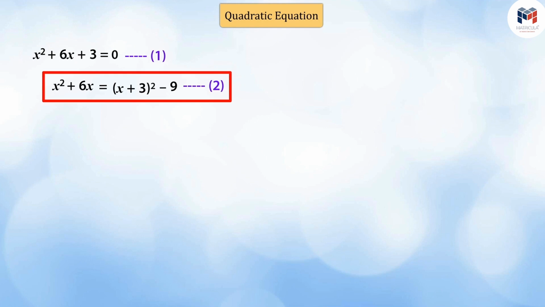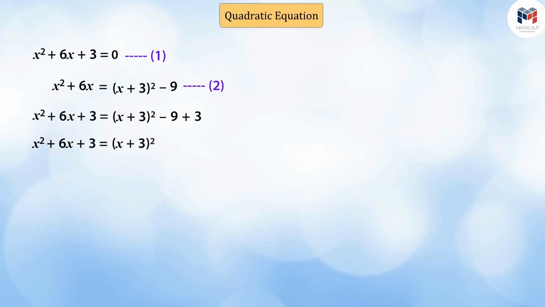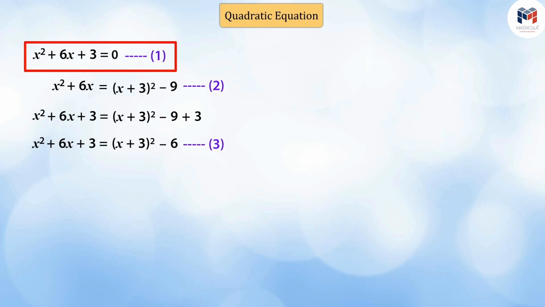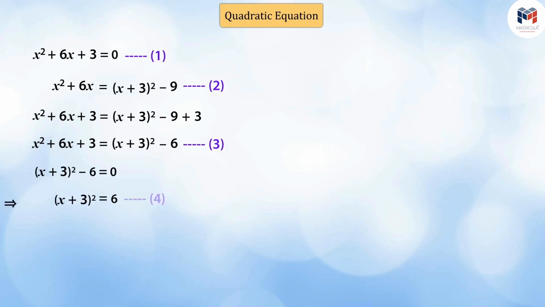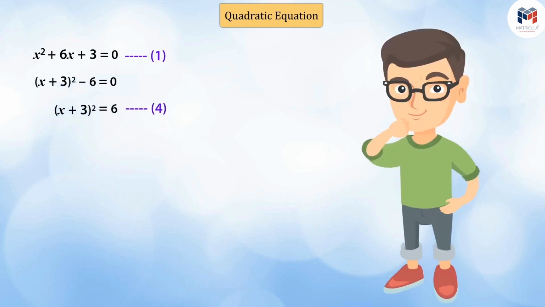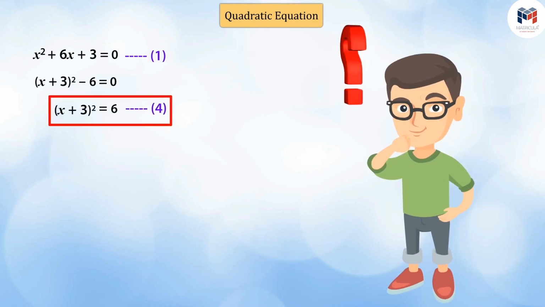Hence, adding 3 to both sides of equation 2, the given equation can be written as a complete square as x plus 3 the whole square minus 6 equals 0. Can you now find the value of x by solving equation 4?